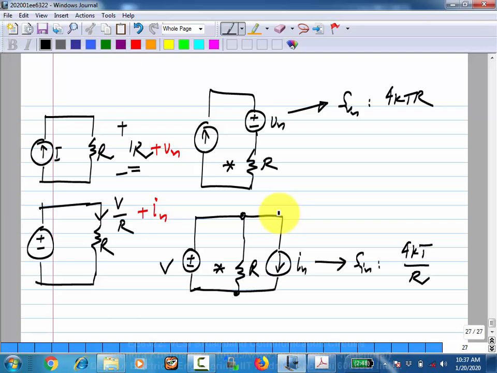For most components you can use either one, and while doing analysis sometimes it's convenient to use the current source and sometimes the voltage source.